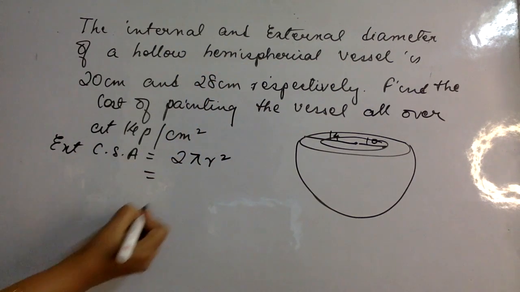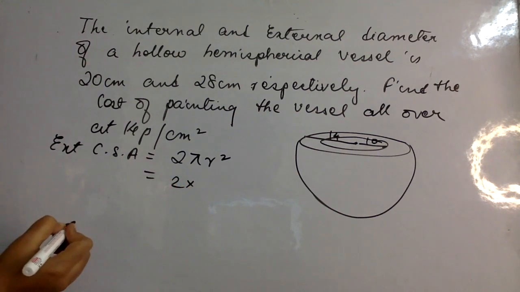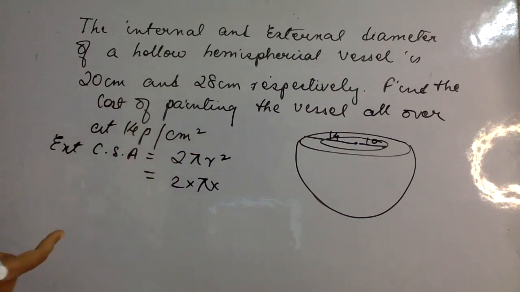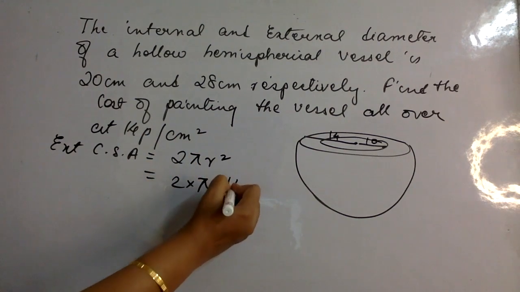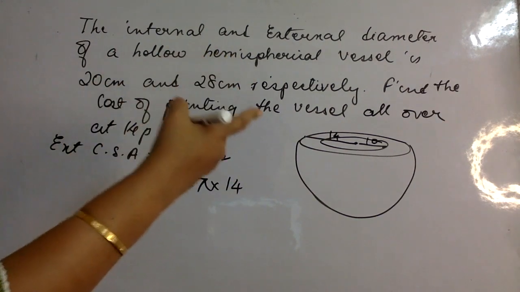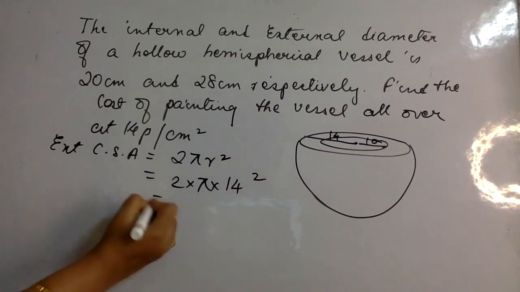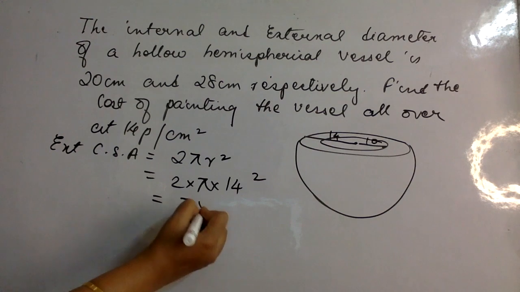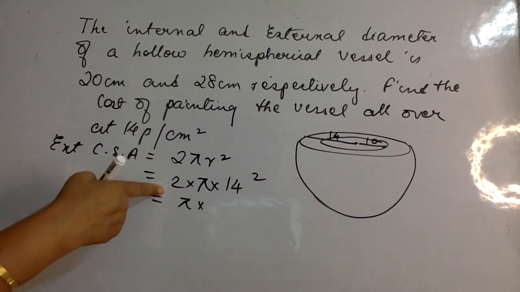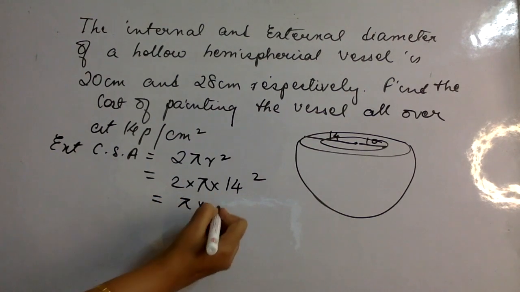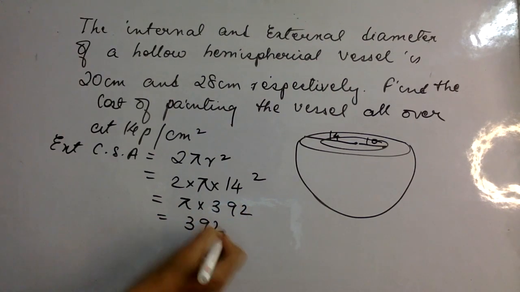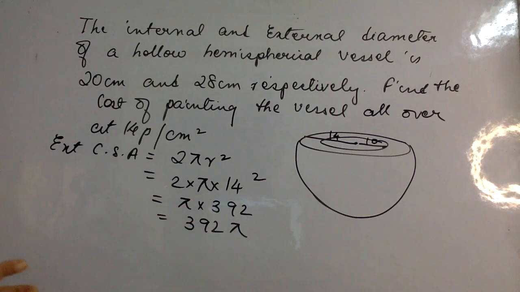So that will be 2 into pi into r square. R is 14, yes, because external radius is 14. So we'll just leave it as pi into 196 into 2. 196 into 2 is 392. So 392 pi, we'll just leave it like this over here, that many centimeters squares.